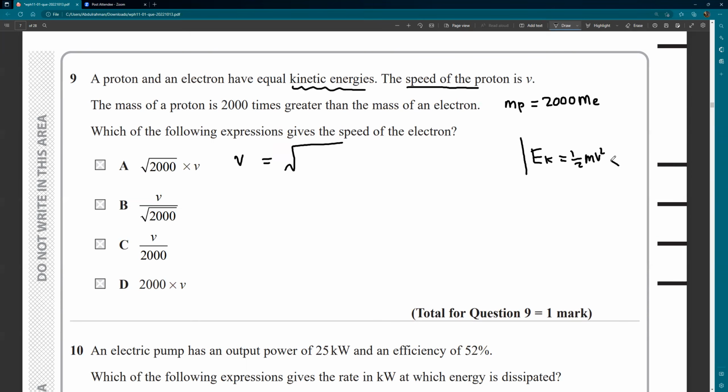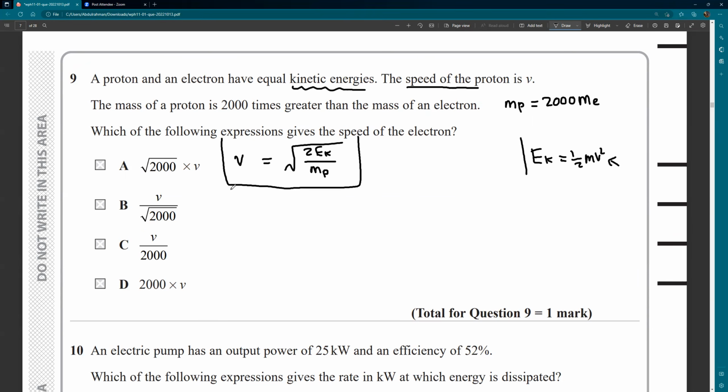So I'm going to make V the subject. The velocity of your proton is equal to square root 2 times the kinetic energy of your proton. And by the way, the kinetic energy of the proton is equal to the kinetic energy of your electron, because it says the proton and electron have equal kinetic energy. So the velocity is square root 2 times the kinetic energy over the mass of your proton. Okay, so this is your expression for the velocity of the proton.